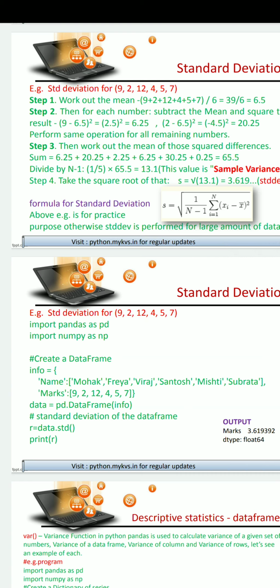So finding standard deviation is not very hard, you can do it. And finding the sample variance is part of the standard deviation. It is just one step before finding the standard deviation.